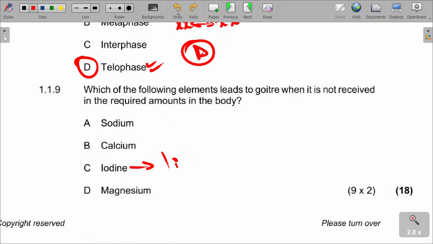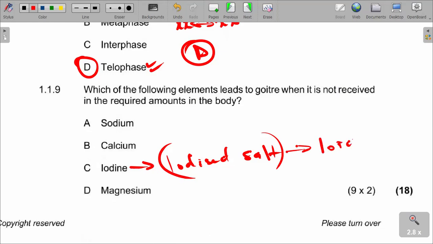I guess you remember that iodine is now supplemented in the salt that is being used. So iodized salt is used as a supplement for iodine. If the body does not have enough iodine, it can end up causing goiter.